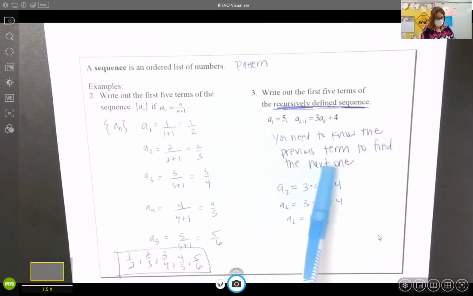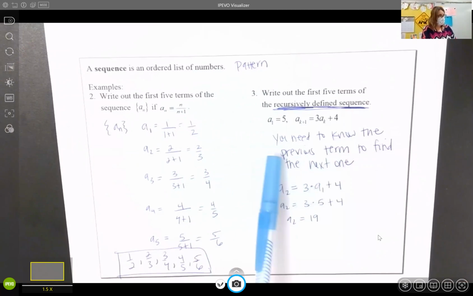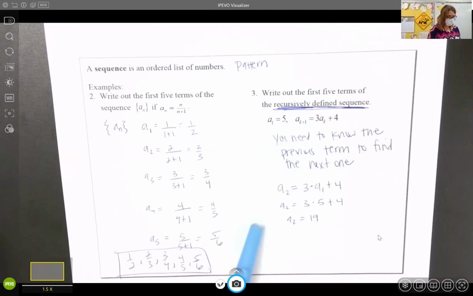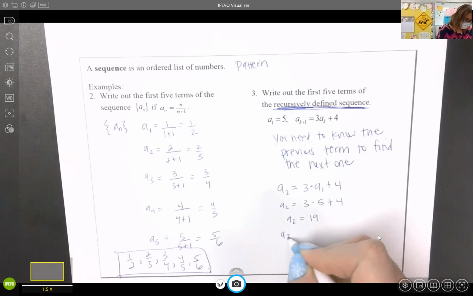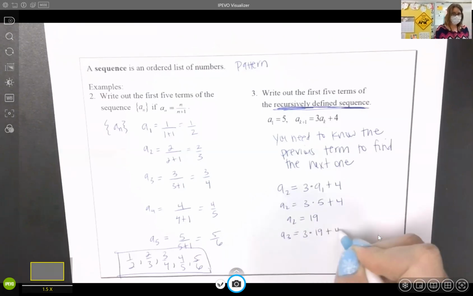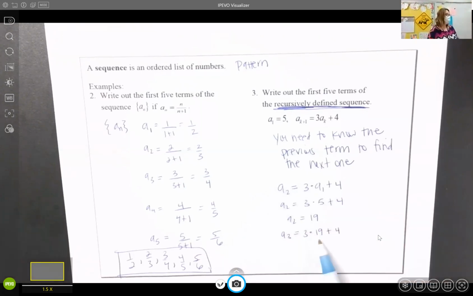So now this says find the first 5 terms. So I know the first one's 5. I know the second one is 19. What's the next one gonna be? So A3, I'm gonna take 3, I'm gonna multiply that by 19, and then I'm gonna add 4. See how I needed that 19 to find the next term instead of just plugging in 2?